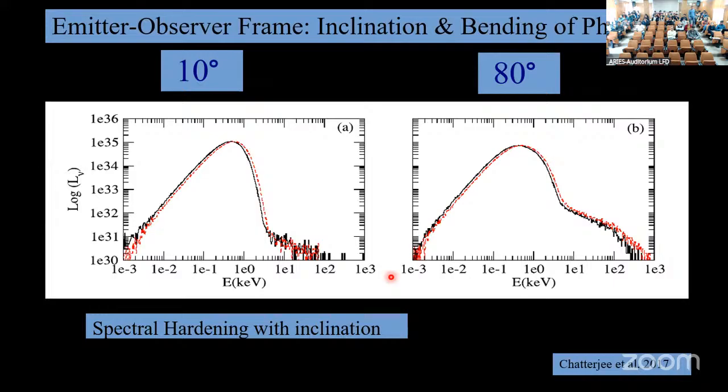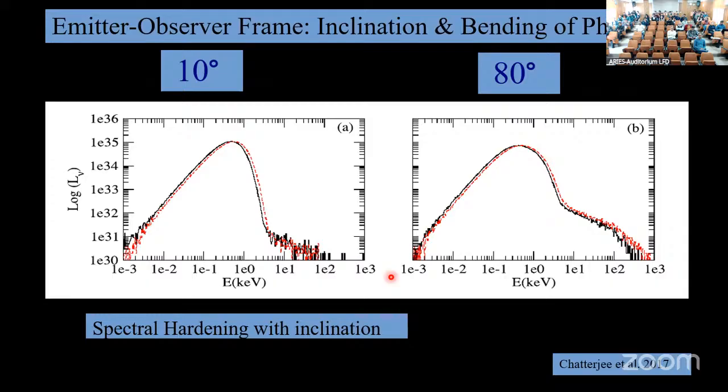So what the emitter observer frame transformation or bending effect does is, if you look into this particular part, this is the black body spectrum of that particular disk, same as at 10 degrees and here at 80 degrees. The difference, you can see that the black body top is flattened.